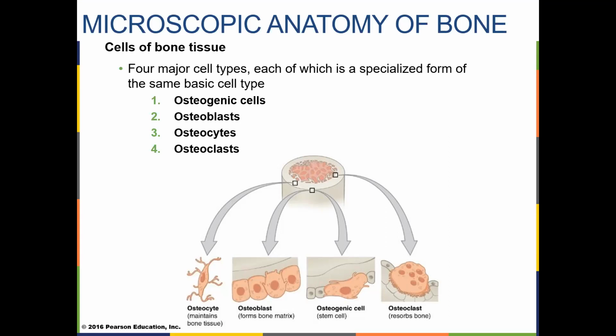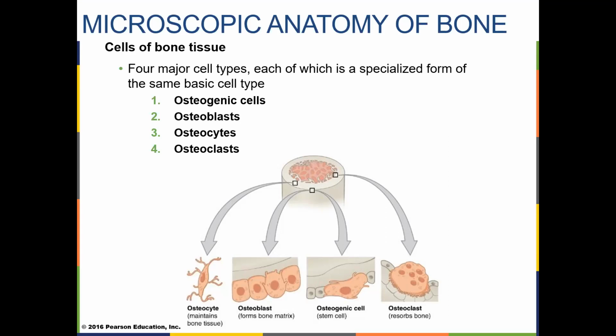So, for example, the osteogenic cell undergoes mitosis. Half the cells stay as osteogenic cells so they can continue producing this variety of other cells. The other half, the daughter cells, are already predetermined to become osteoblasts or osteoclasts or osteocytes.